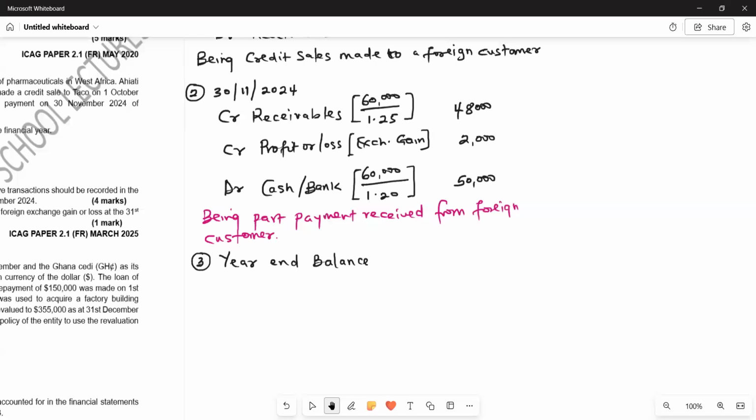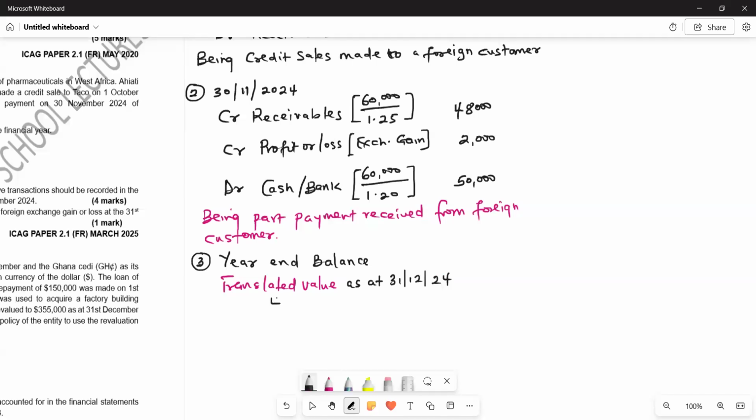So we find the translated value. This translated value is what should be reported as at 31st December 2024.